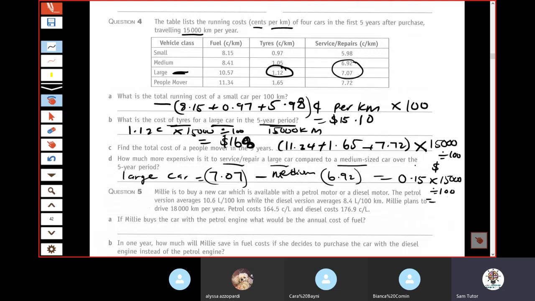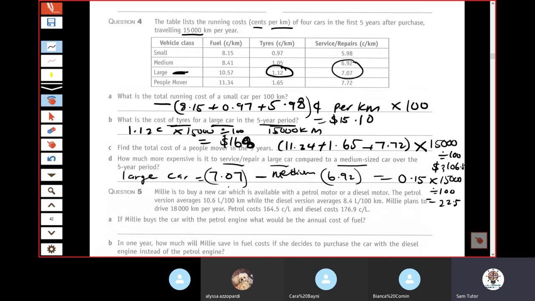Anyone get an answer for C? The answer for C is $3,106.50. Part D asks how much more expensive is the service and repair of a large car compared to a medium-sized car.